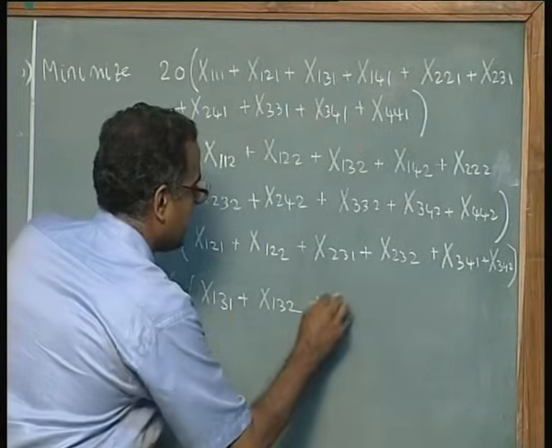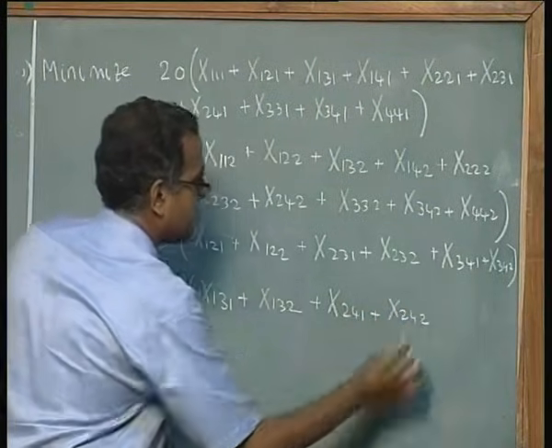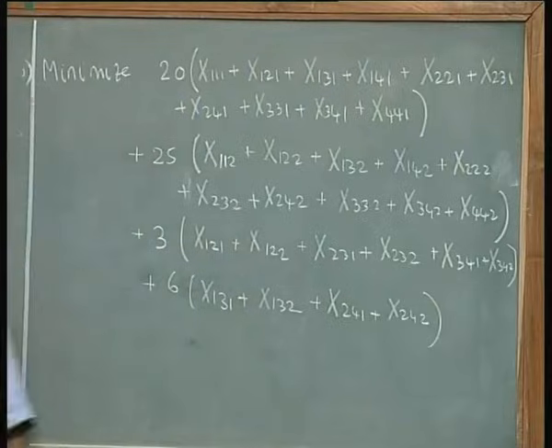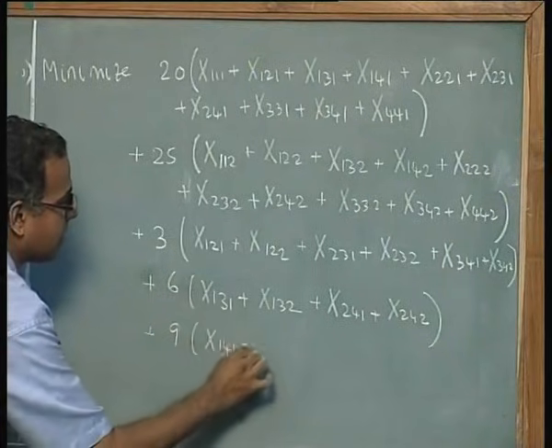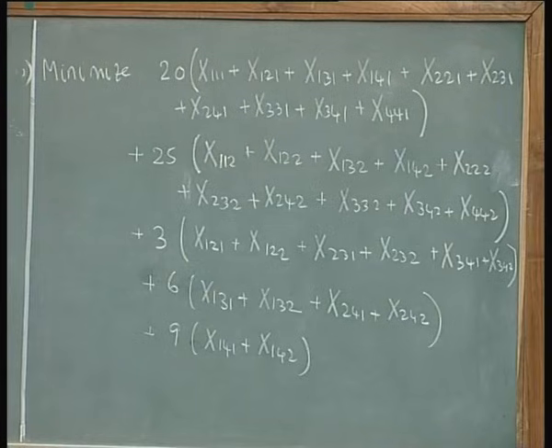Similarly, you will have x241 plus x242, and there are quantities which are carried 3 months, because you can produce in the first month and use it in the fourth month. So, you will have another 2 terms that come in, x141 plus x142. So, this is the objective function, plus of course all xijk greater than or equal to 0.